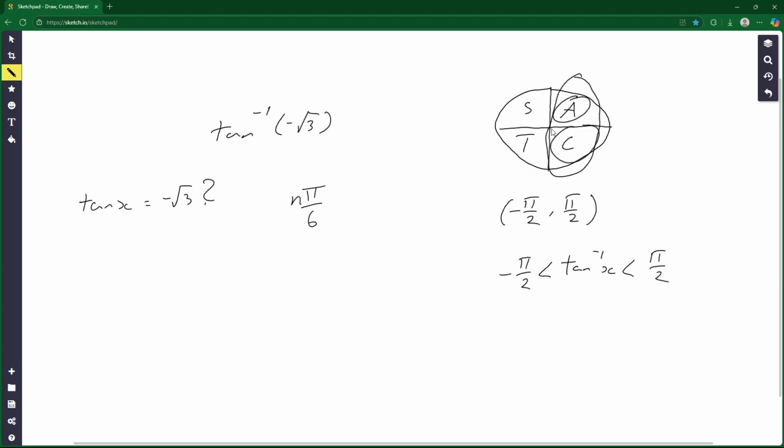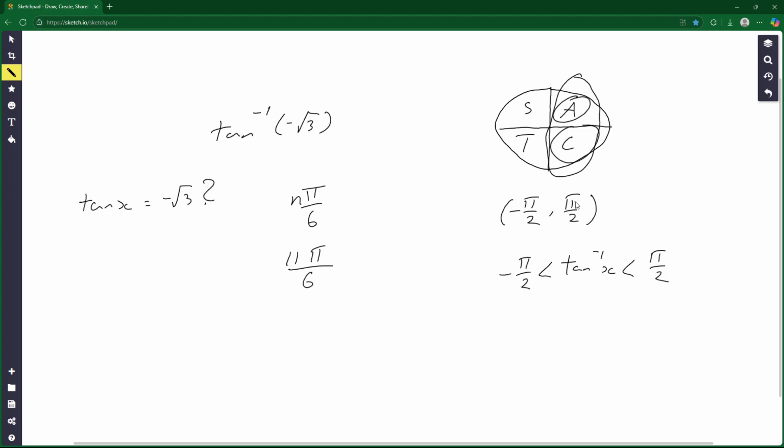So what down here is n pi over 6 that makes negative root 3? That is going to be 11 pi over 6, because it's almost to a full 2 pi, but not quite.